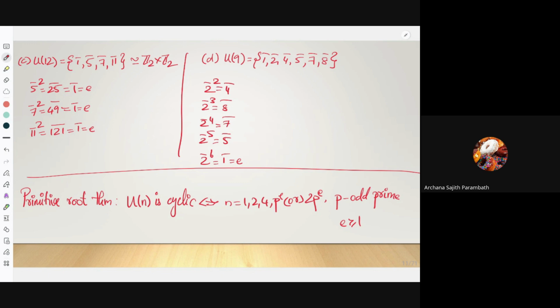And then for any odd prime p, it should be of the form either p power e or 2 times p power e. It's called the primitive root theorem because a generator of Un is called a primitive root mod n. And yeah, so it's something which combines both number theory and algebra.